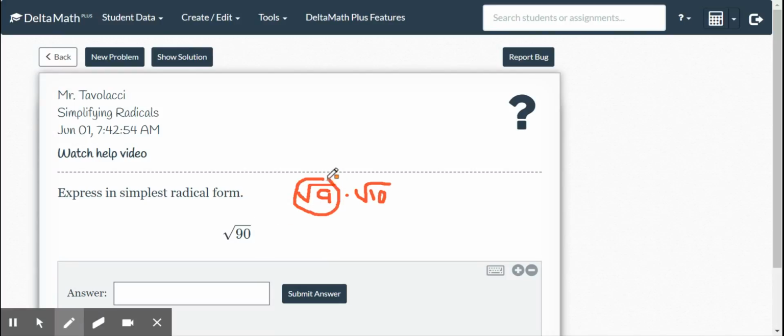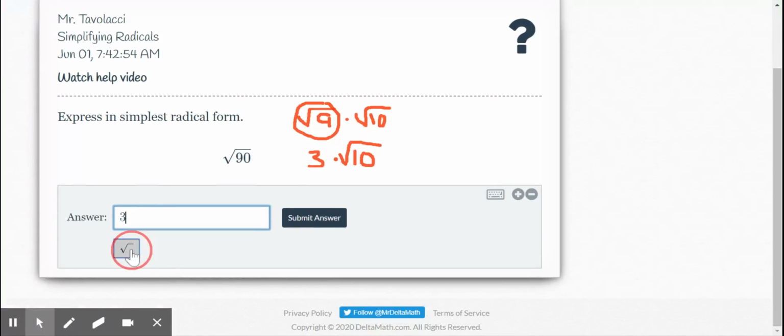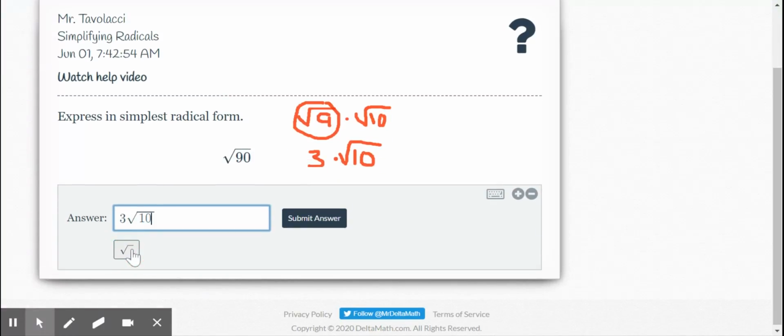Square root of 9 we can take. It's 3. Square root of 10 we can't take, so it's going to stay underneath the radical. Now, the only two perfect squares that are less than 10 are 4 and 9, and neither of them can divide evenly into 10. So that's going to be our simplified answer. So 3 square root 10.